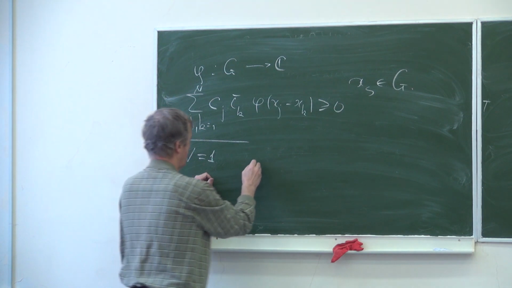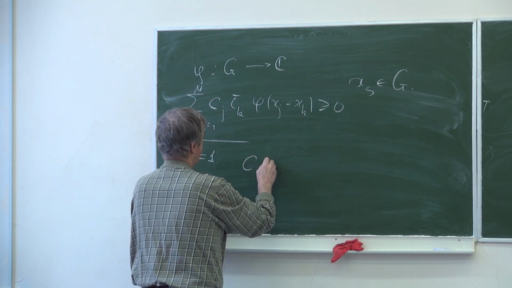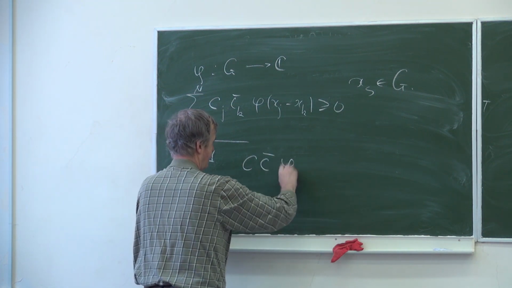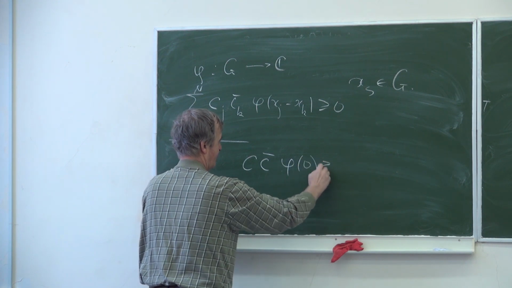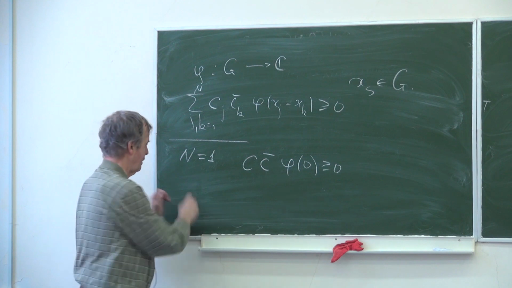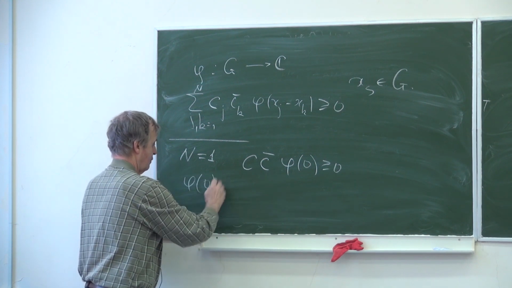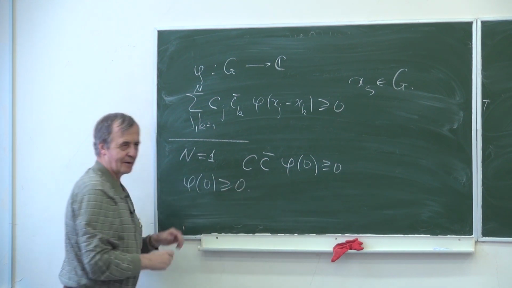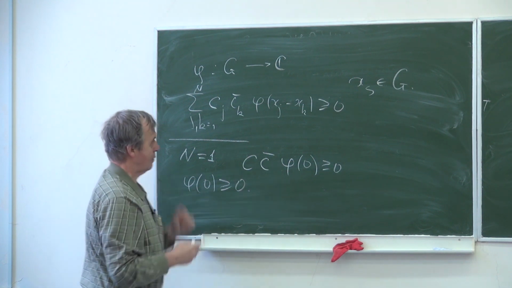So we obtain C bar C phi of 0 is non-negative, and C is arbitrary, so simply phi of 0 is non-negative. Okay. So this is the first property.